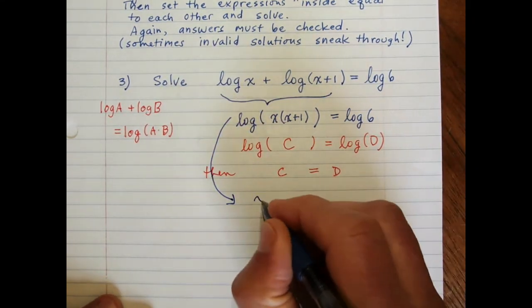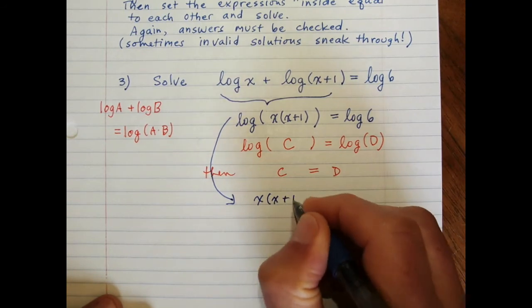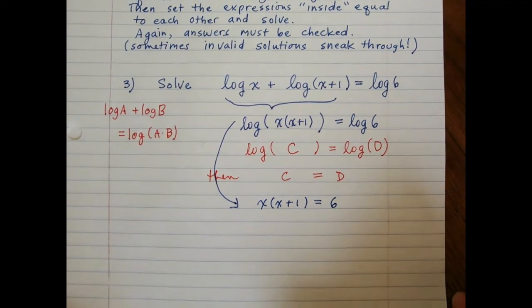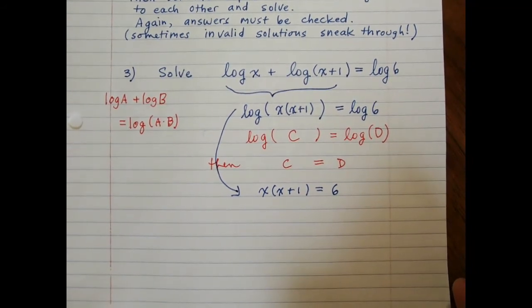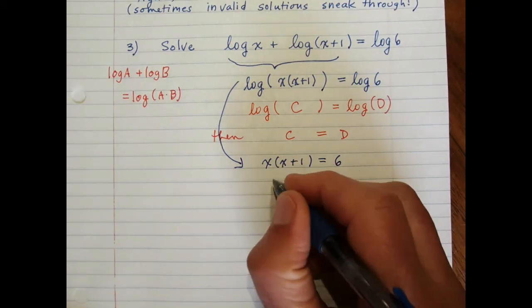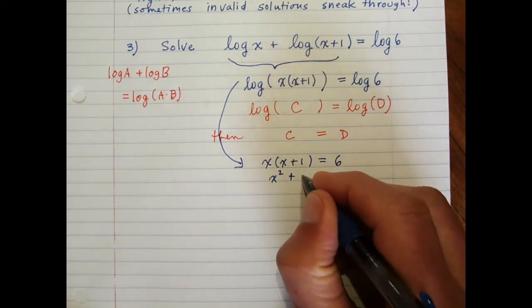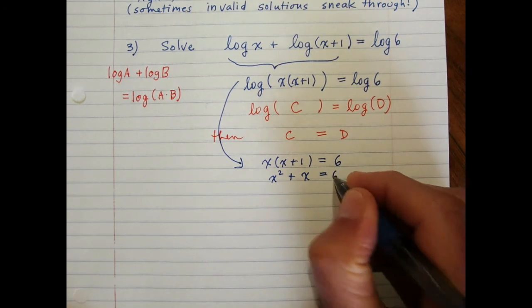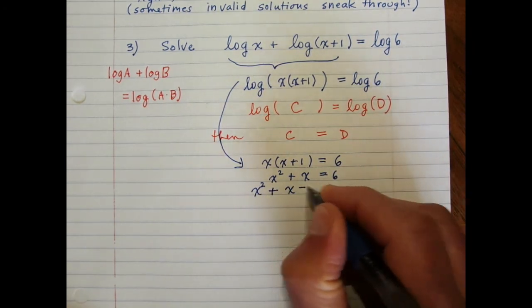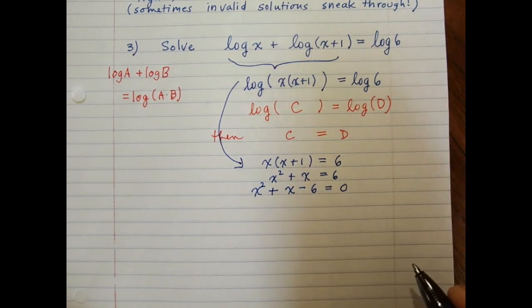Here we can just say x times (x + 1) is equal to 6, and we can continue solving without the logs involved. So let's keep going. I'm going to distribute. X times x is x squared, plus x equals 6. It looks like a quadratic.